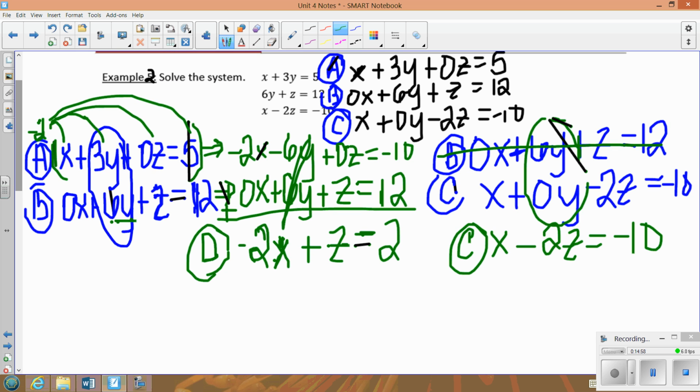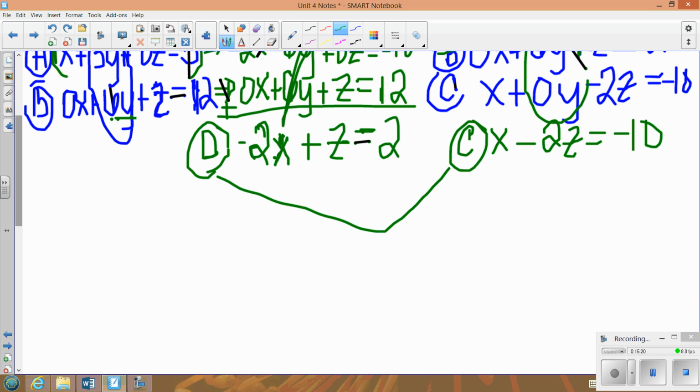But remember, I already talked about how we can't really use equation B to cancel out the y in the two equations, because if you look at equation C, really that's just a two variable equation, so I don't need to do a system to cancel out my y's. I already have a y canceled in equation C. So now I'm going to use D and C, since they both are two variable equations with the same two variables.